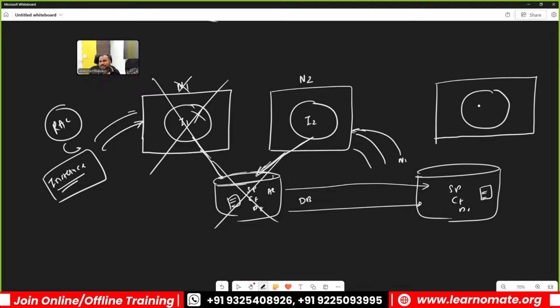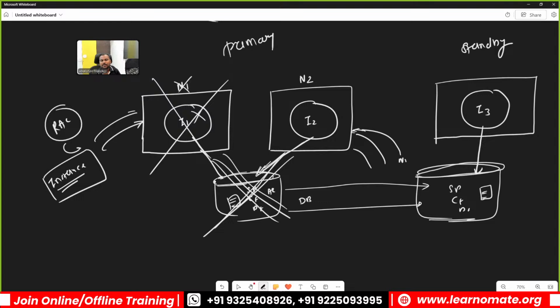Here my database instance is running, and this is my instance number 3. So this setup is basically the high availability on database level. If by any chance this database goes down, I have the same data available from this database. So this setup we call the primary setup, and this setup we call the standby setup.